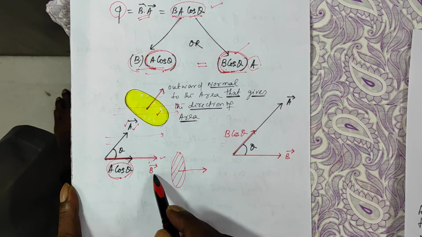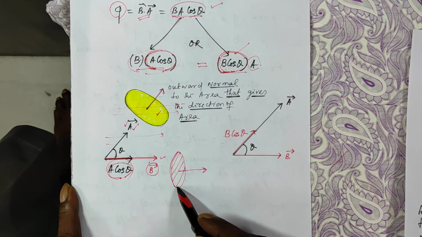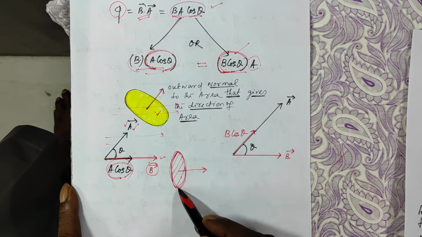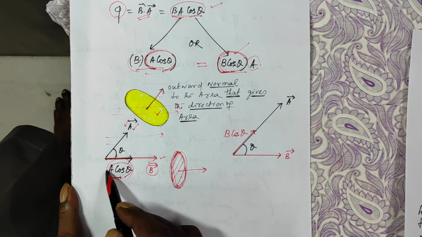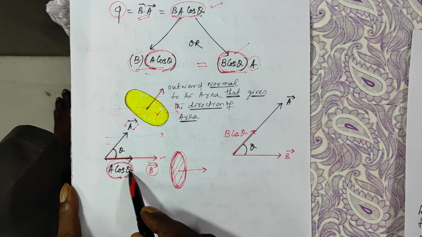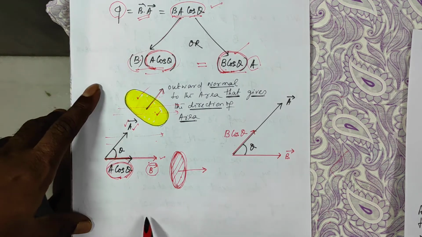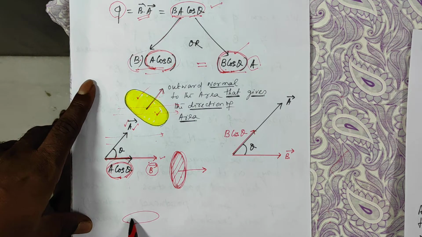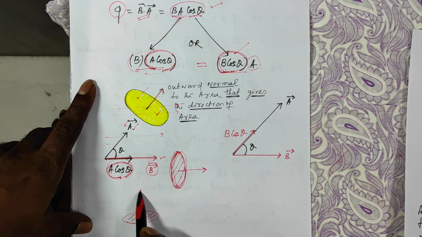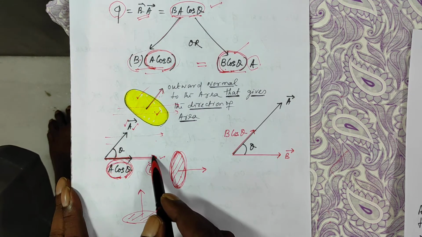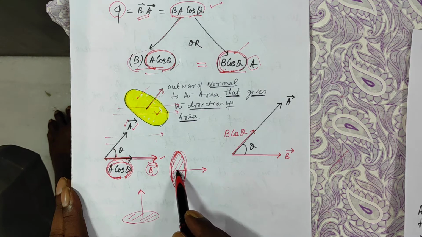Now these magnetic field lines B are passing through this area. This area is the A cos theta component of that area. And what will be the A sin theta component? A sin theta will be pointing this way. So through A cos theta, all these magnetic lines of force B are passing normally.